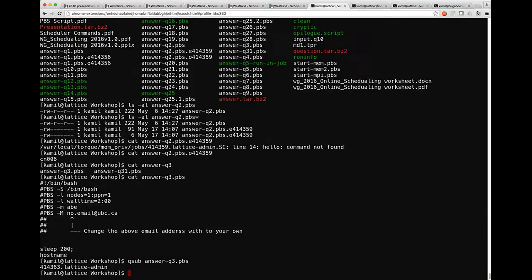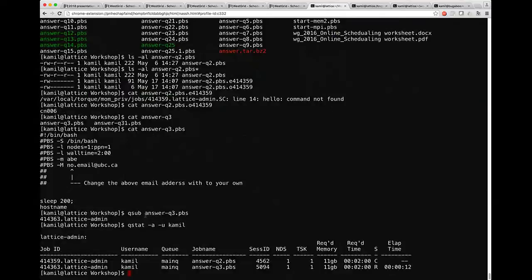In this case, it would be great if you actually set the email properly, because it would also email you this information as well. So we see that this job has now been running for 12 seconds.